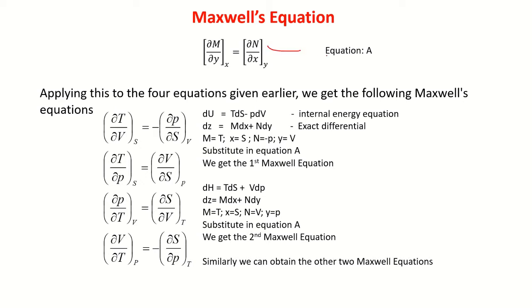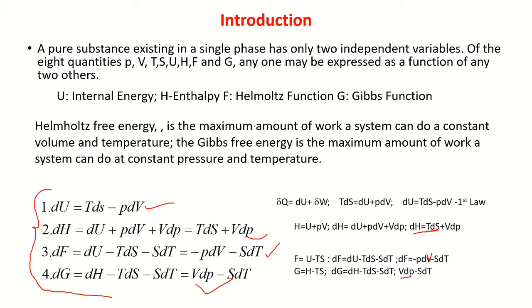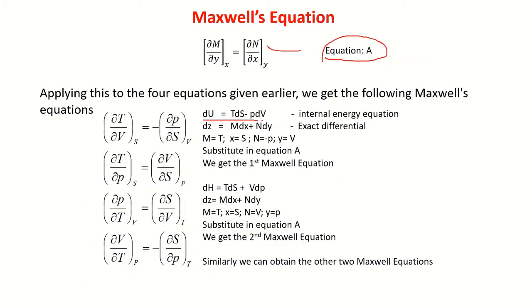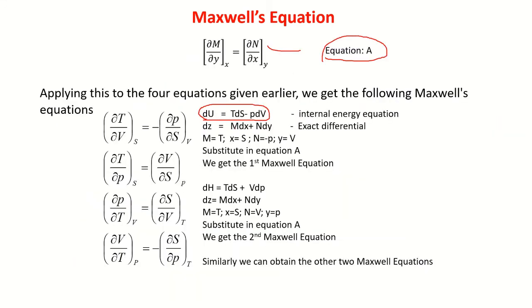Let me call this equation A. Now if I take this equation, dU is equal to TdS minus PdV, then I compare with dz is equal to M dx plus N dy.